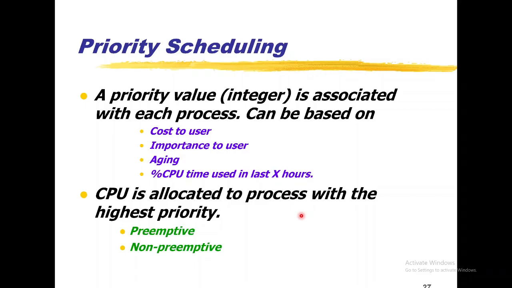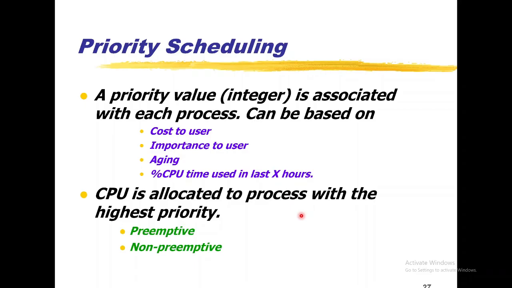So let's explain each. Cost to user could mean that if the system should delay, something not so good may happen. For example, if your monitor turns off and it's not refreshed, then you don't see what's actually happening. So it could be said that is a more valuable process, so let it happen. Importance to user, the same thing.